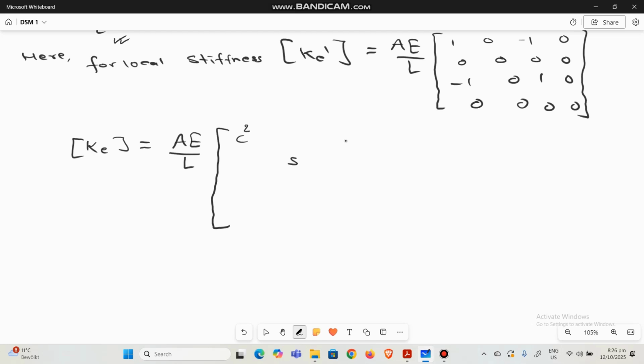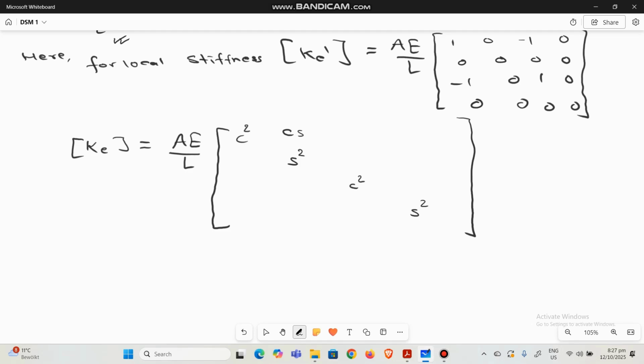I like to do it like this: c squared, s squared, and again c squared, s squared. So I would first finish these diagonal terms, and then you just move cs. Once you do this, you just change the sign.